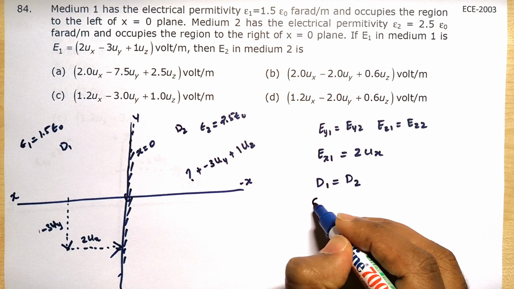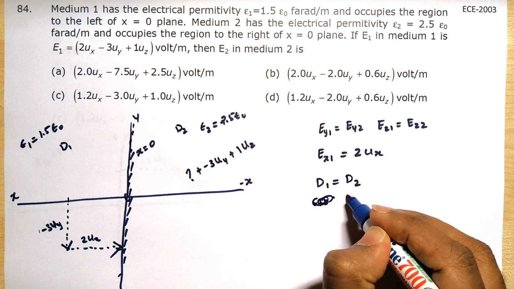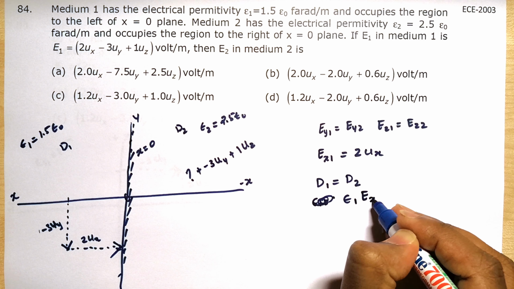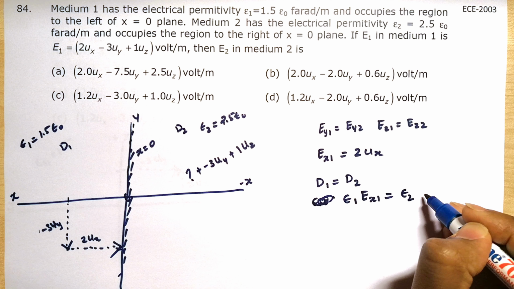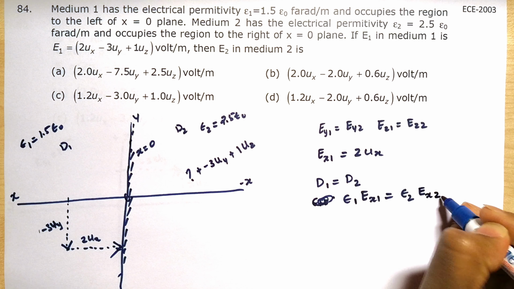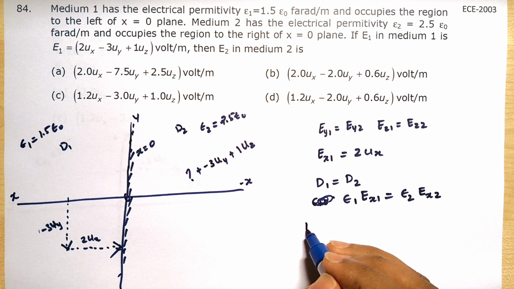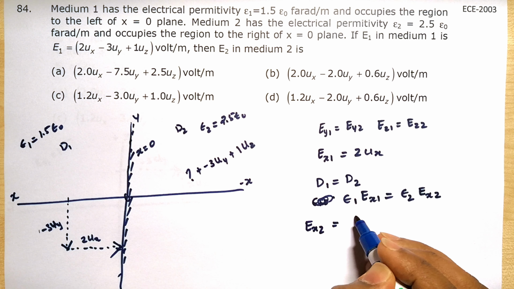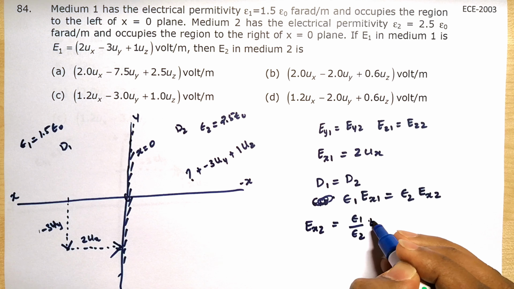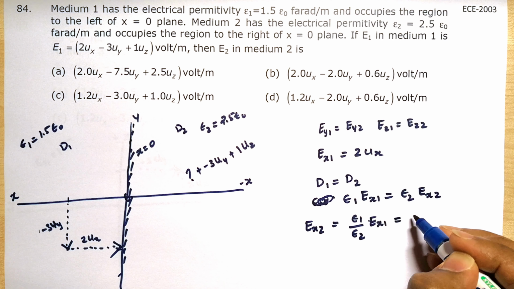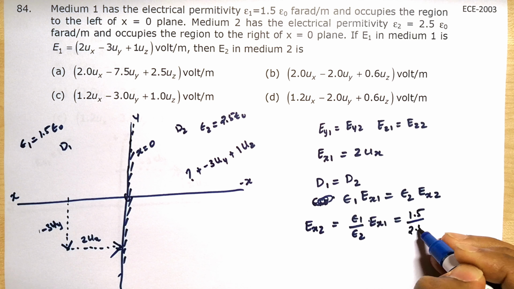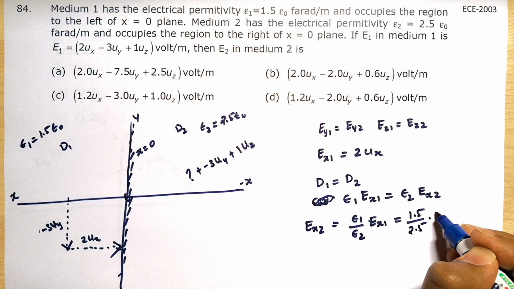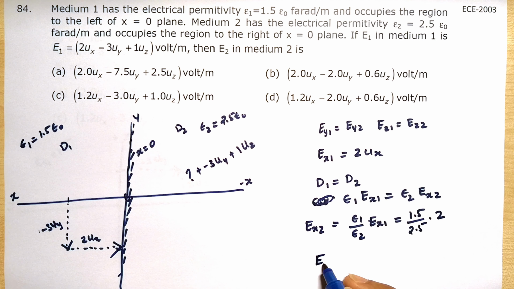That means epsilon 1 Ex1 equals epsilon 2 Ex2. We have to find Ex2. So Ex2 is equal to epsilon 1 by epsilon 2 times Ex1, which is 1.5 upon 2.5 times 2. So Ex2 is equal to 1.2.